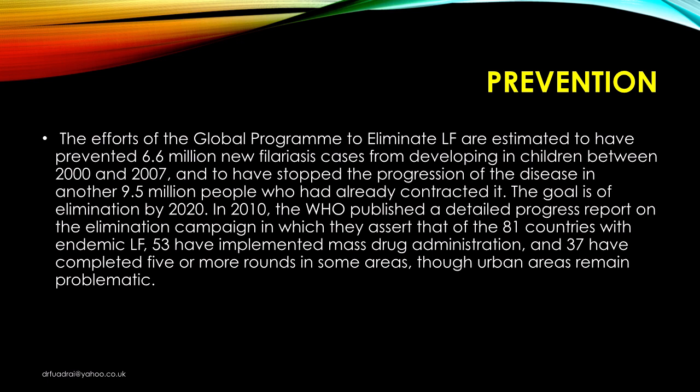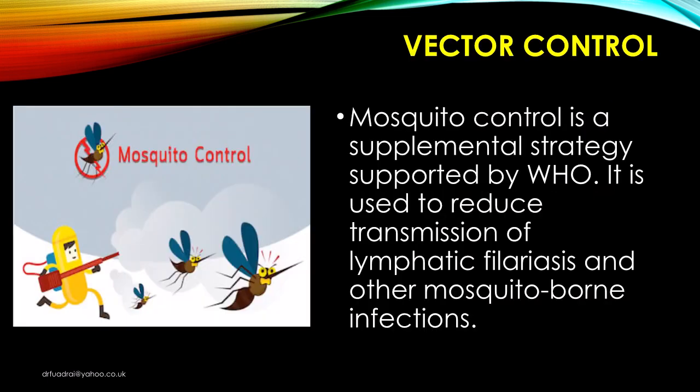And the goal is elimination by 2020. So we've yet to see if that goal is achieved or not. But vector control is the most important control, and mosquito control is a supplemental strategy supported by the World Health Organization. It is used to reduce transmission of lymphatic filariasis and other mosquito-borne infections.